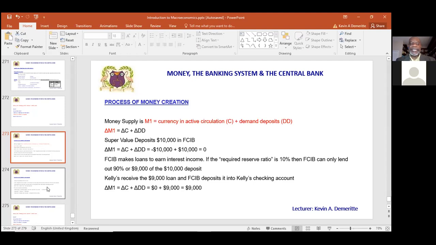So the ultimate question is, did the money supply change at all? We said the money supply is currency in active circulation plus demand deposits. Well, the cash went from your pocket to Super Value, from Super Value to the commercial bank.